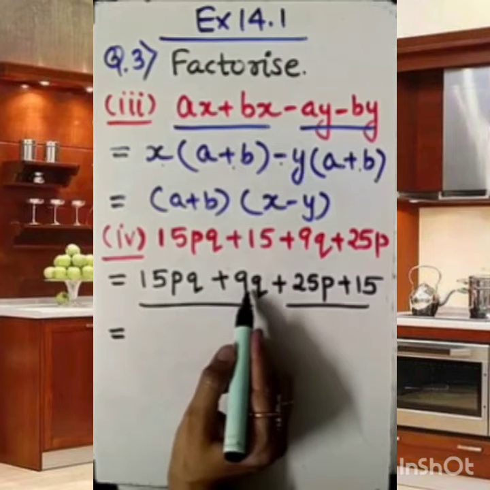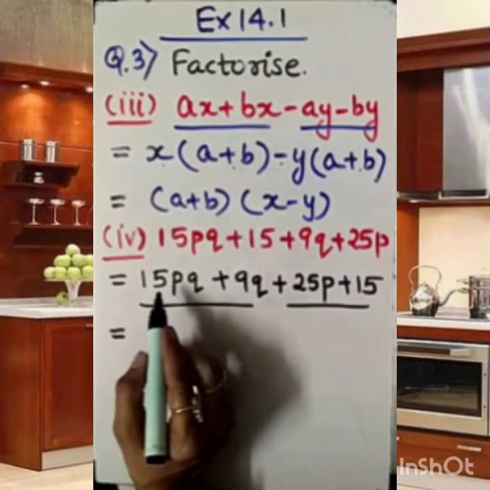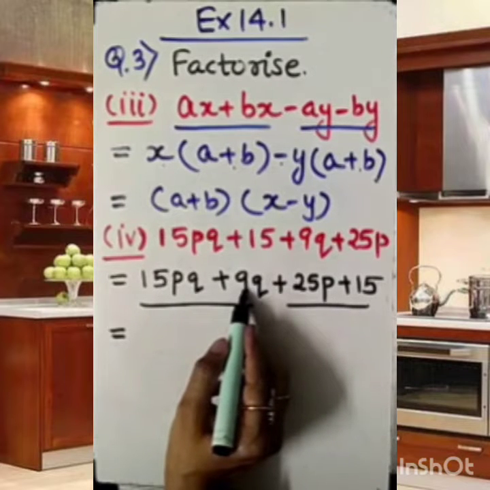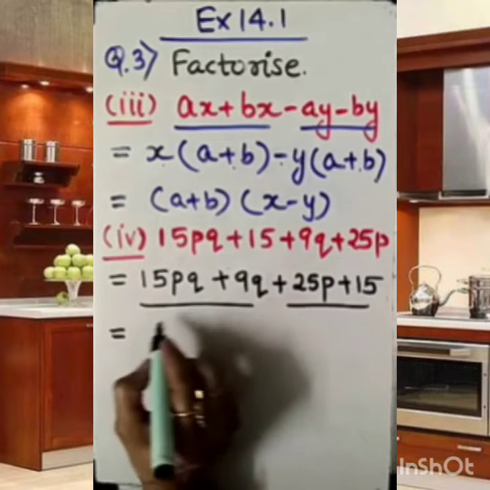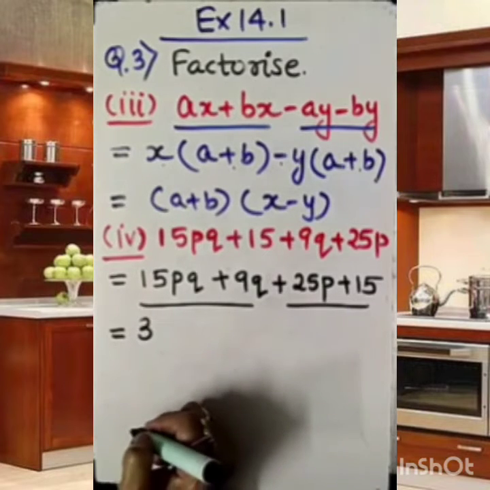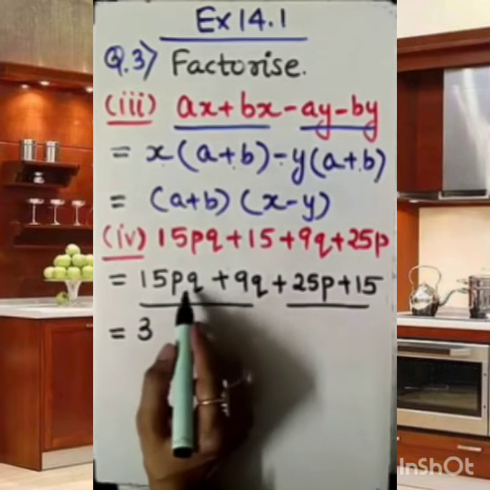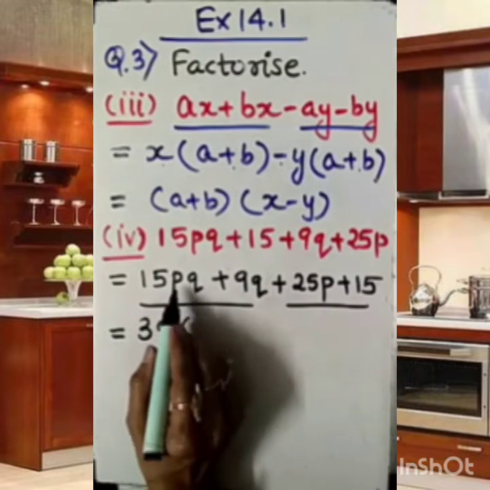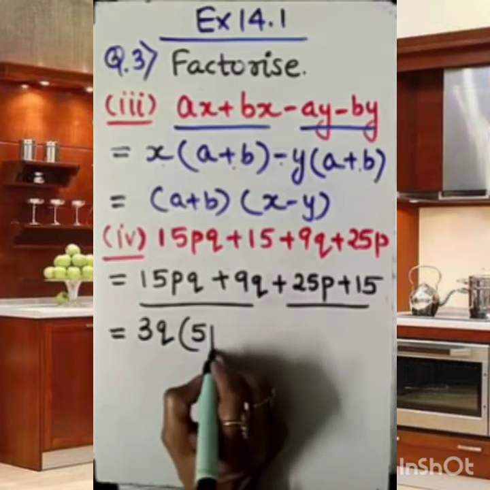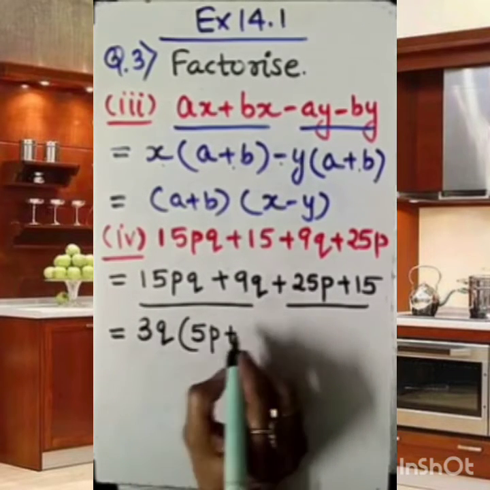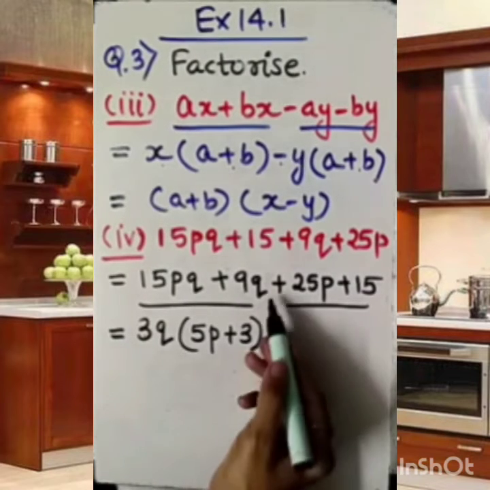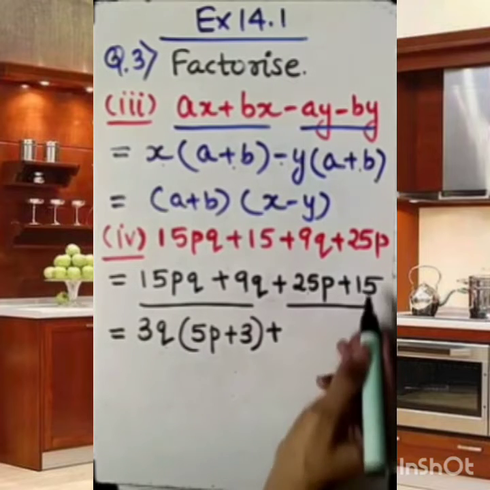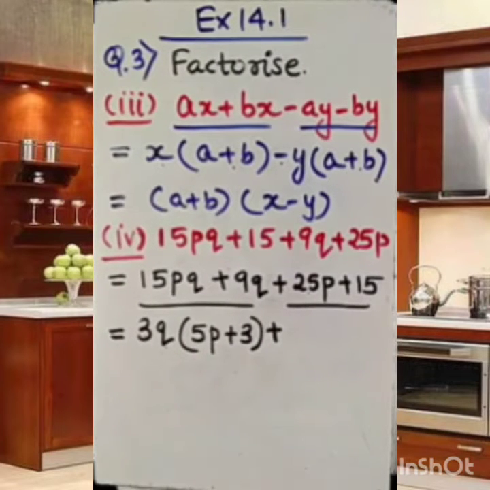From 15 and 9, what is common? It means HCF. 5 threes are 15, 3 threes are 9. So out of 15 and 9, 3 is common. Besides this, q is present in both of these terms, so let me write q here. 5 threes are 15, so 5, and this p will be left. Plus 3 threes are 9, so 3 only is left. Now the next terms are 25p and 15.